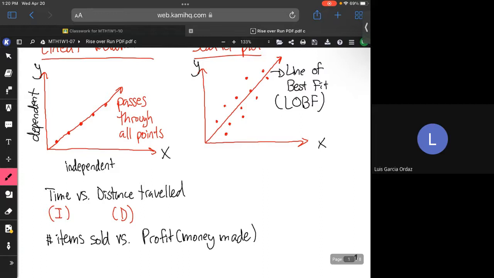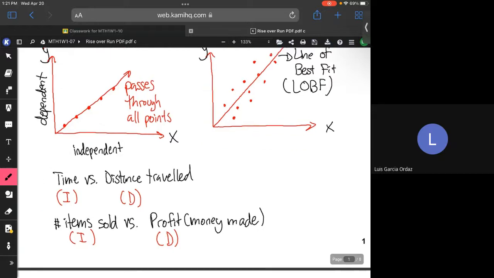The amount of items sold affects the profit. Yep, so the independent variable is items sold, and your dependent variable is your profit, because that depends on how many items you sell. So if I sell 12 items, I make this much money. Are we all clear with that?